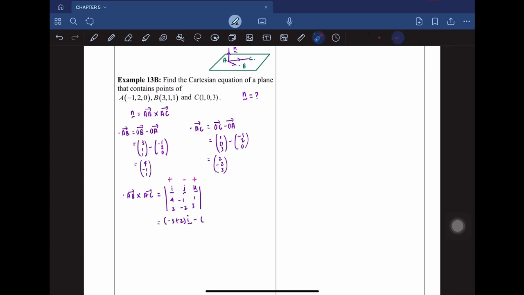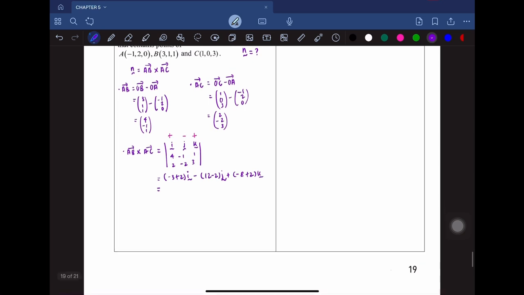Minus, in the direction of j, you're going to get 12 minus 2, j. And for k, you're going to have negative 8 plus 2. So your final answer for the cross product will be negative i minus 10j minus 6k. Okay, so this is your n, or your normal vector.